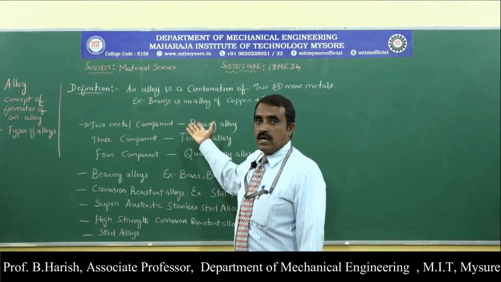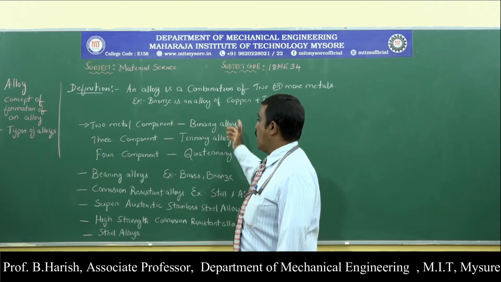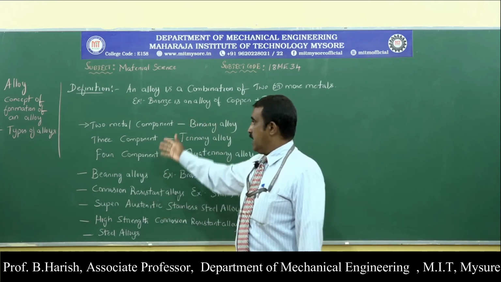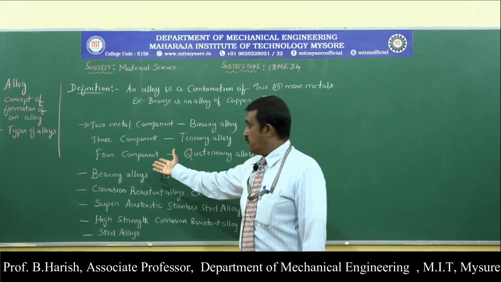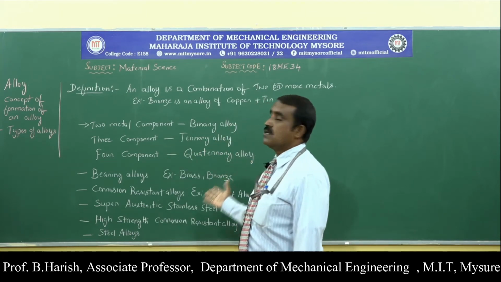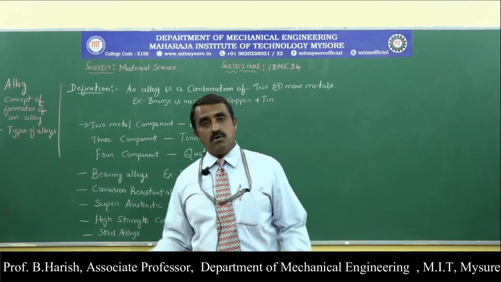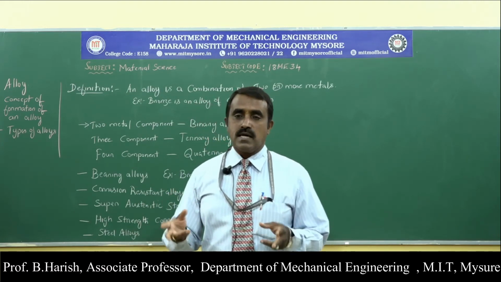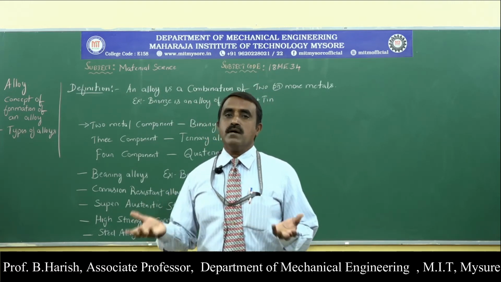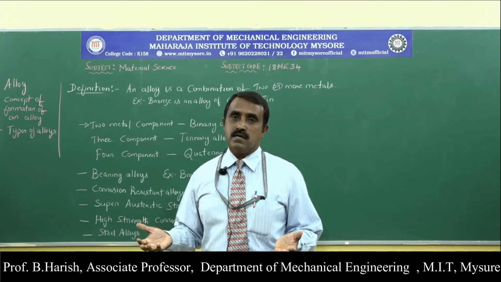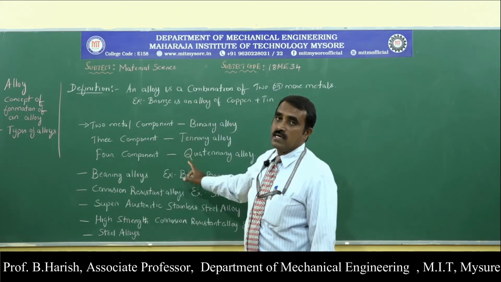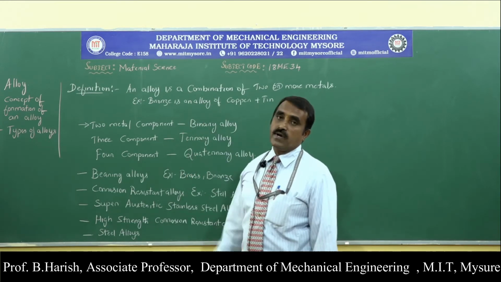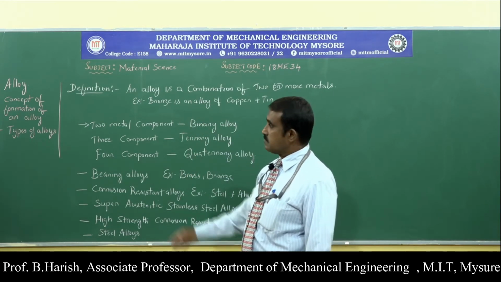If it is two components, it is called a binary alloy. If it is three components, it is called a ternary alloy. If it is four components, it is called a quaternary alloy. So not just two metals, it can be three metals or even four metals. So that is what an alloy is and how we can have different types of alloys.